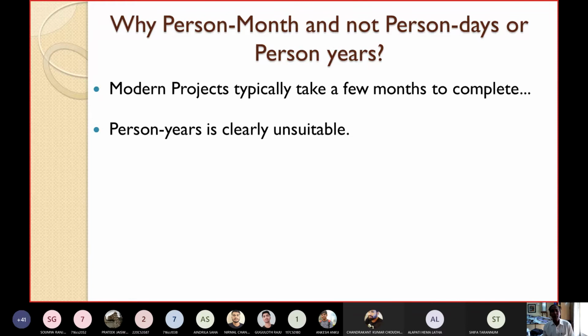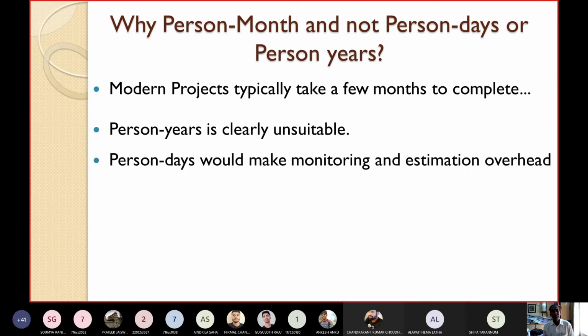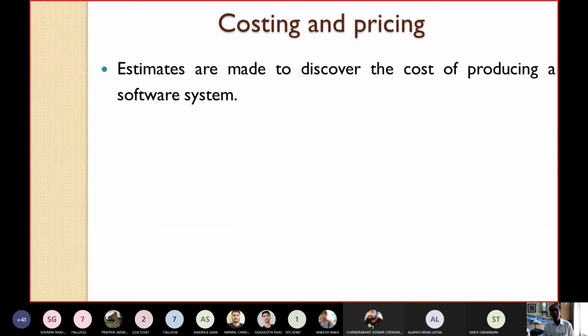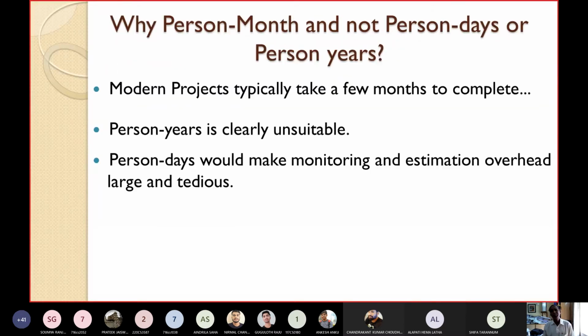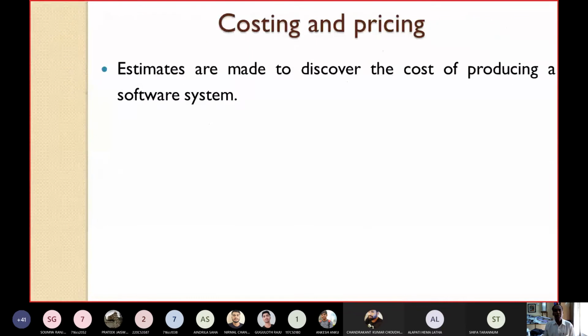You could have taken person days, but what would be the problem? Person days would make monitoring and estimation overhead very large and tedious. So people take person month as the unit rather than person days or person years for expressing the effort.